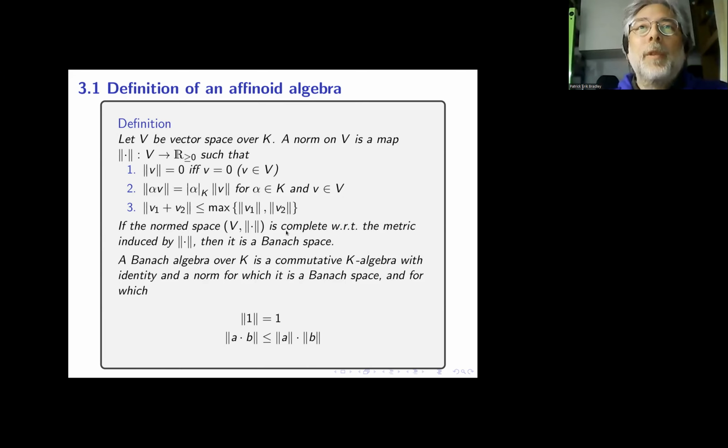And if it's complete, then you call it a Banach space. And then a Banach algebra is just a commutative K-algebra with identity and a norm such that you have a Banach space, and the norm of the identity element is 1, and you have this inequality with products: the norm of the product is smaller or equal to the product of the norms.